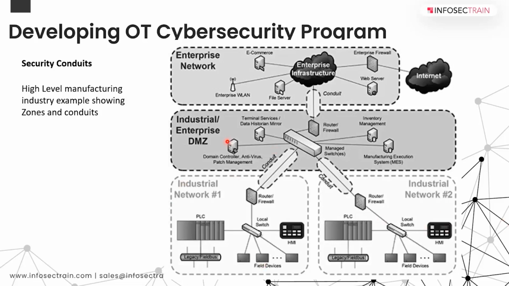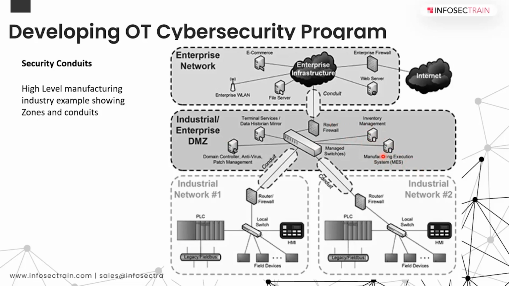Then within the DMZ you have different applications, workstations, MES, inventory management, right? Manufacturing is different from process. So here you have inventory and MES, which have different layers. The SCADA, you might have seen that ISA 112 architecture, but yes, that is a bit different.